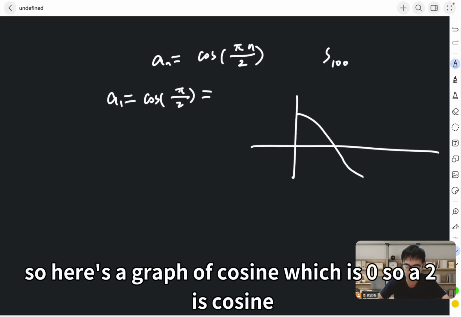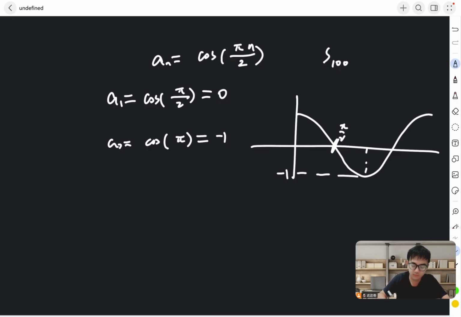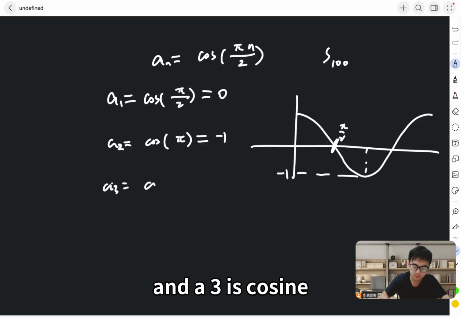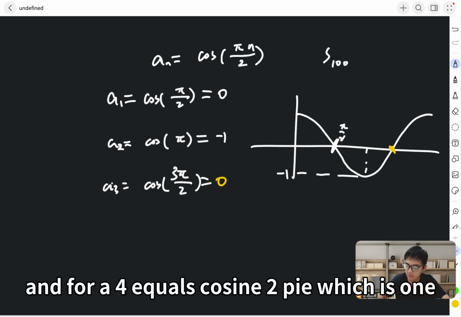Here's a graph of cosine, which gives 0. So a2 is cosine pi, which is -1. And a3 is cosine of 3 pi over 2, which is 0 again. And a4 equals cosine 2 pi, which is 1.